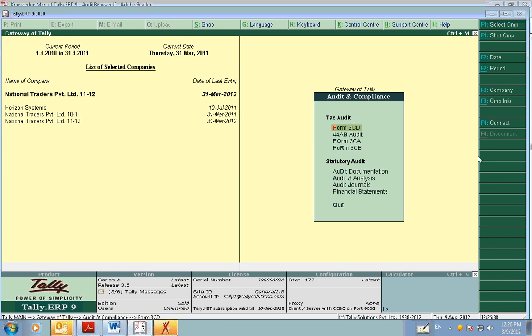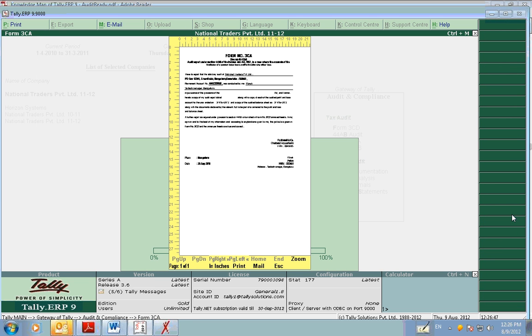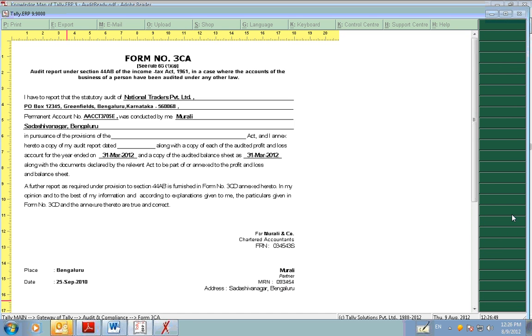So we have the other forms also, Form 3CA and 3CB. Let's have a look at this. It says under report, Form number 3CA, audit report under Section 44AB of the Income Tax Act, in a case where the accounts of the business of a person have been audited under any other laws.